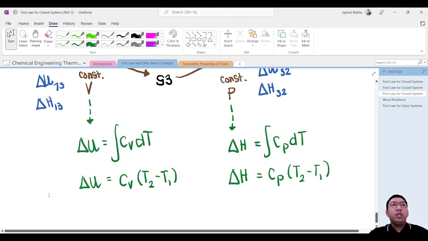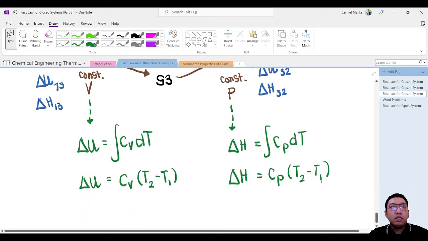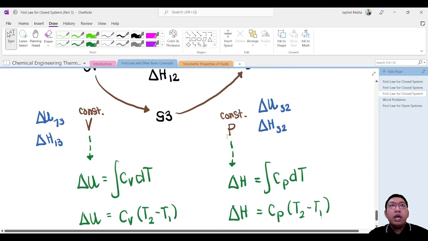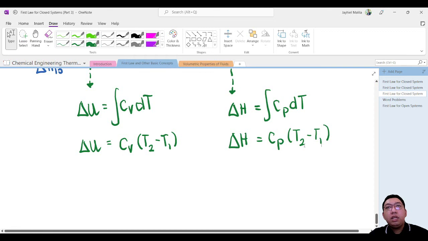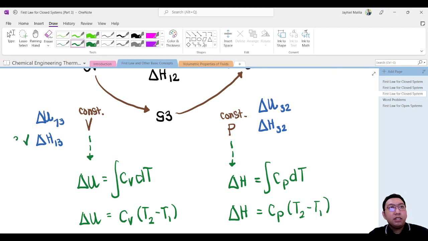Okay. So the next question that you might think is, sir, you have the equation for constant V here, which is only related to delta U, and for constant P, which only involves delta H. What about the delta H on this side, and the delta U on this side?